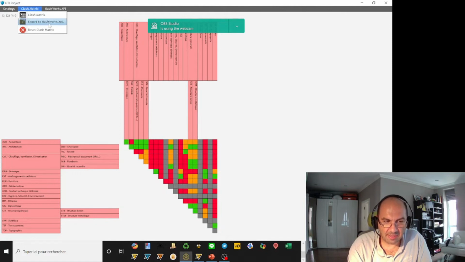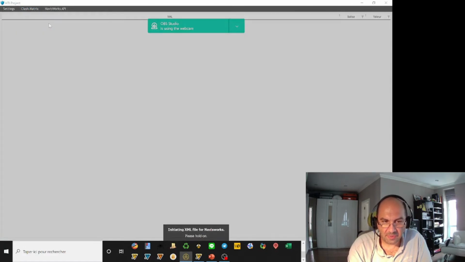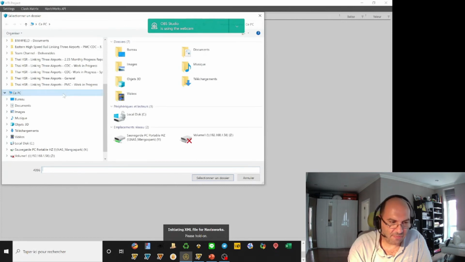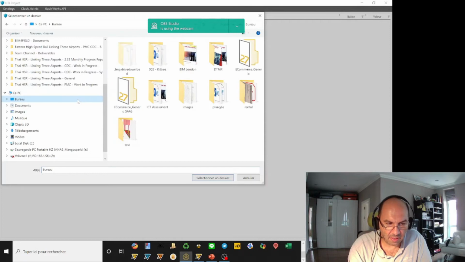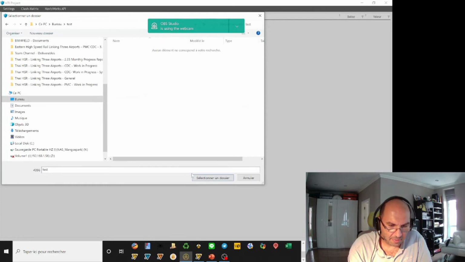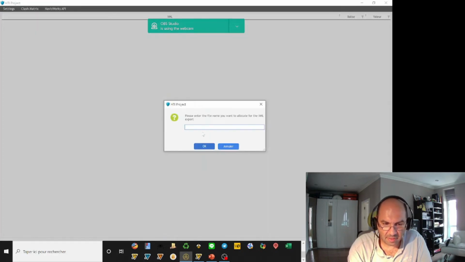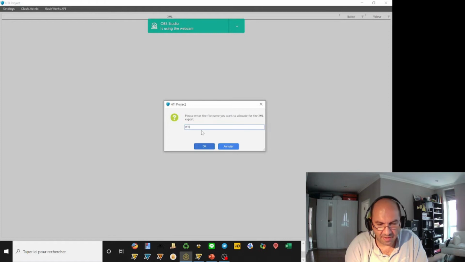And by a simple click, I will document this information for Navisworks. I will store the file in my test folder. Okay, I will indicate the name of the file.